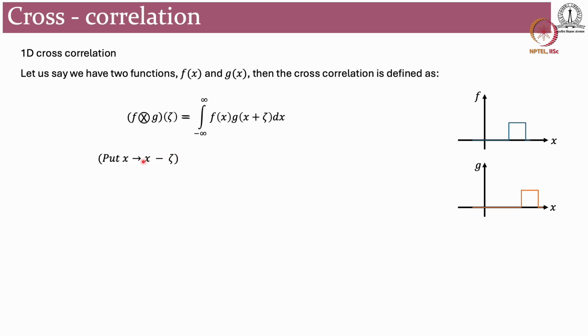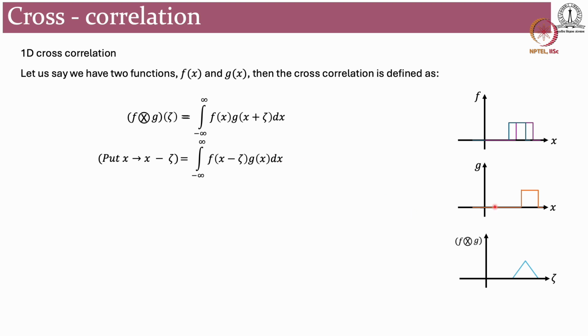Now let's displace the first function. If you displace the f of x function by zeta, you can write the same thing, just that instead of f of x you write f of x minus zeta, and g of x into dx. When you do this you get something like this.